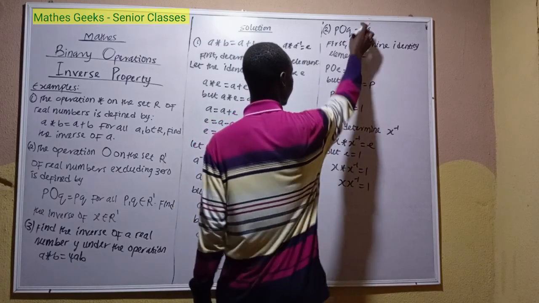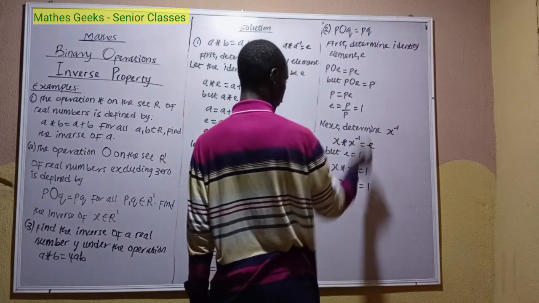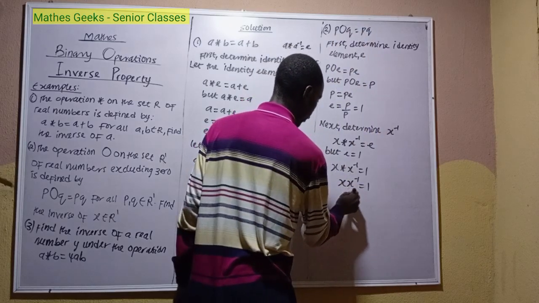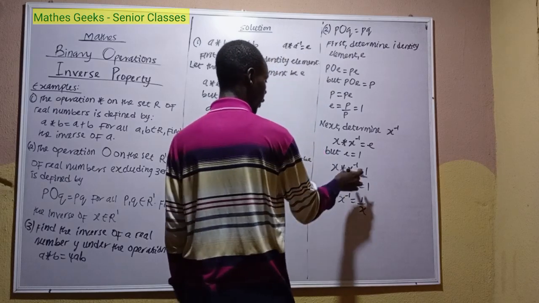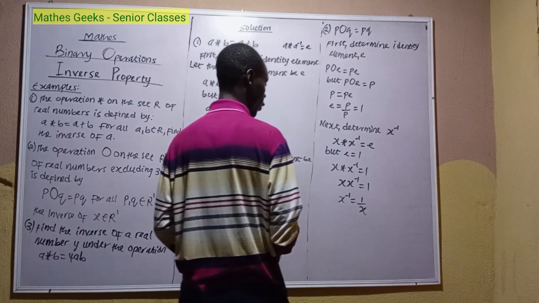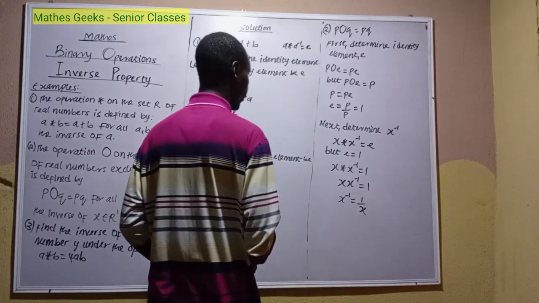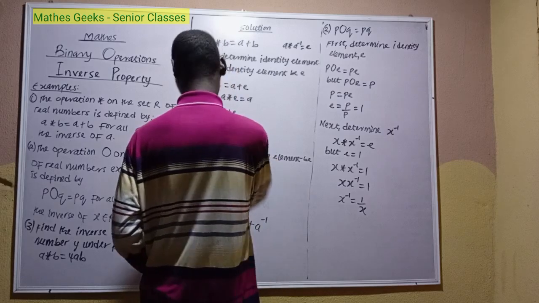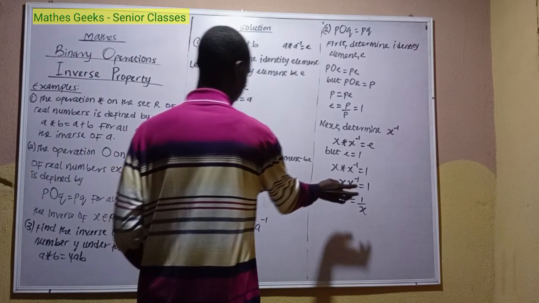So where X is P and X inverse is Q, because it was taken from here, that's what it implies. So now X inverse is equal to 1 over X when you divide both sides by X, so that X inverse is the subject of the formula. So this is the inverse of X.